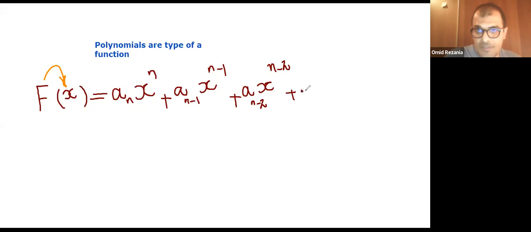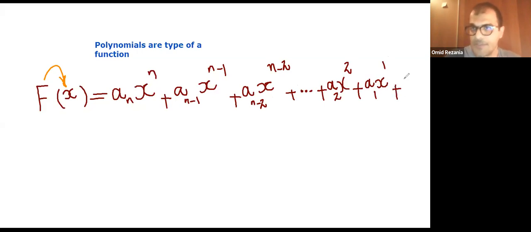This process goes on until we get to a2 x to the power 2 plus a1 x to the power 1 plus a naught, which we call a0, times x to the power 0.